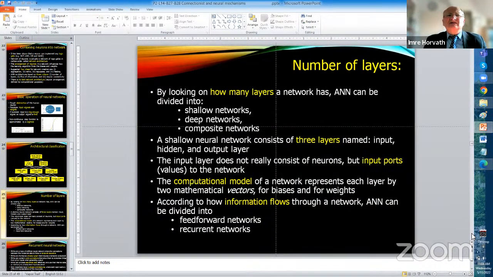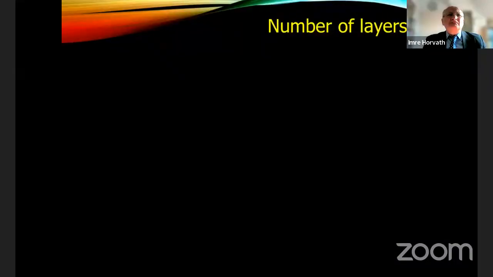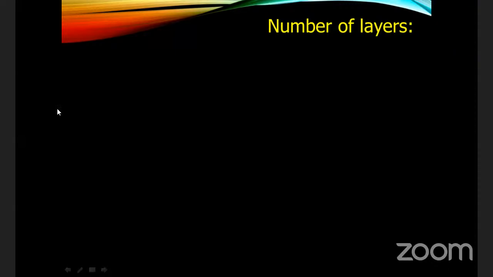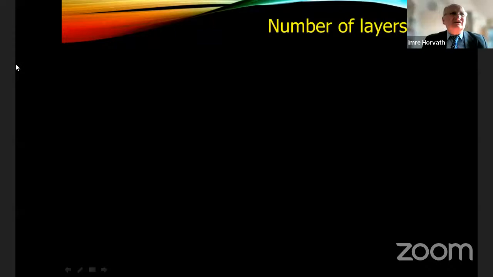This is the slide on the number of layers which we actually started to discuss. Then I go to presentation mode. Can you see the presentation now? Yes, sir, it is coming now. Thank you so much.